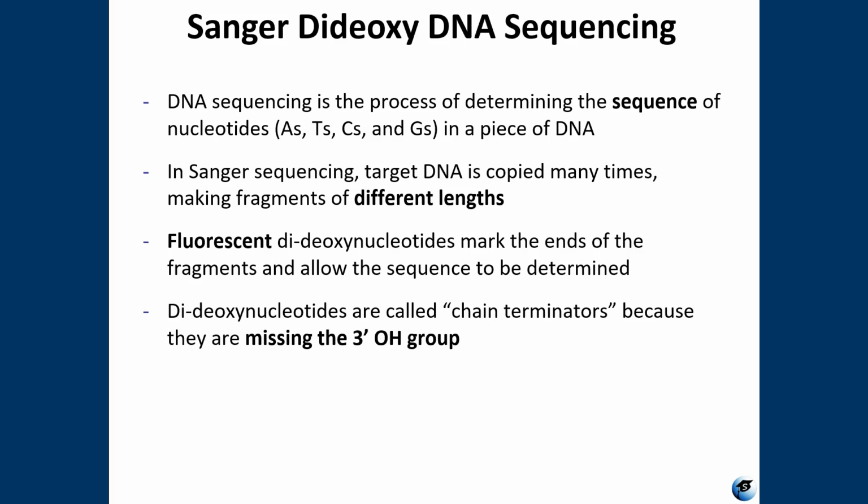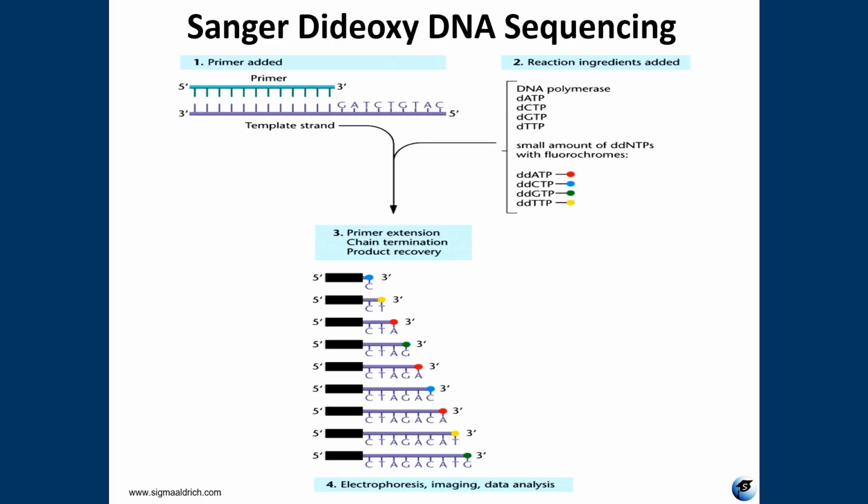So they call deoxynucleotides dNTPs, dideoxynucleotides ddNTPs. The ddNTPs are missing a hydroxyl group at the site at which another nucleotide usually would attach, but it can't attach because the hydroxyl group is missing.